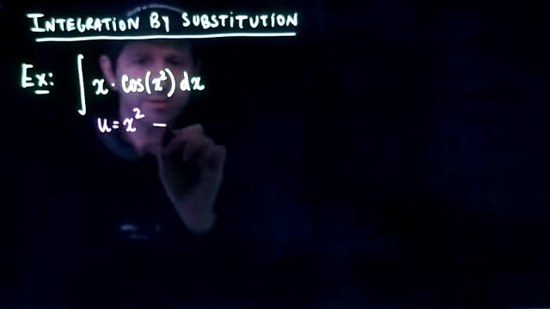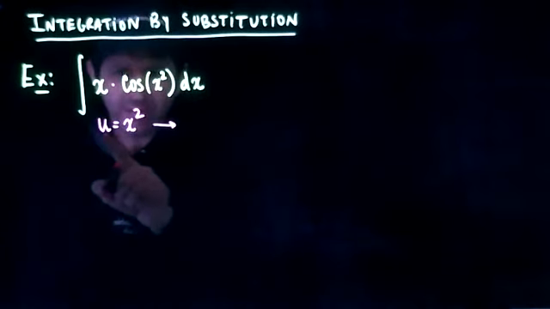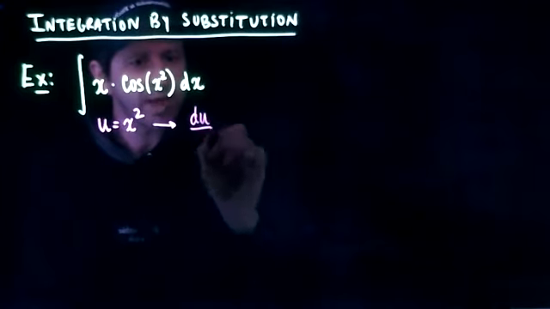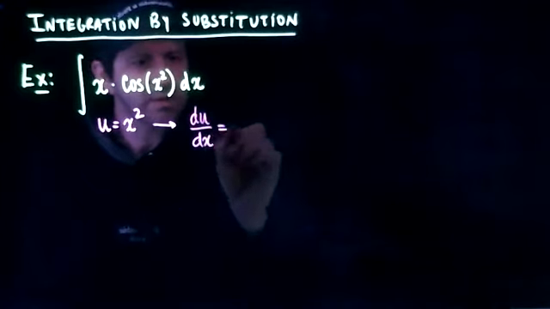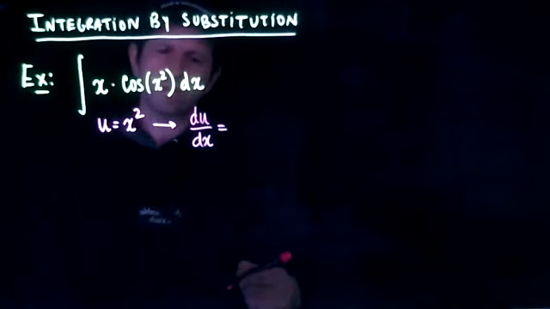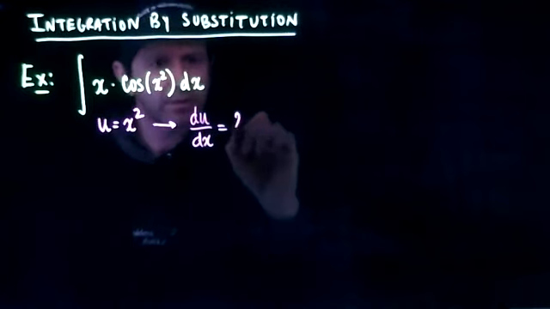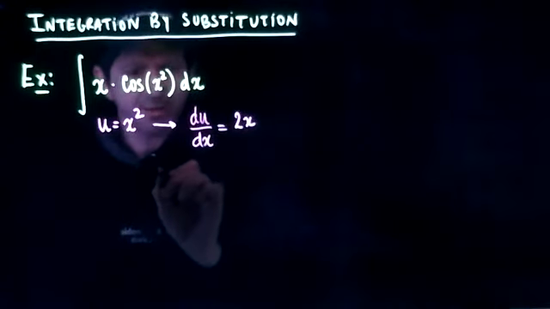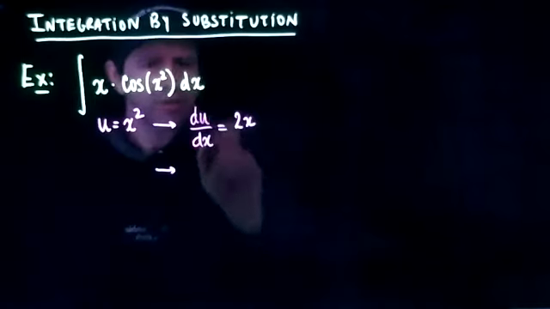And so this means if I do the derivative of u with respect to x, du/dx is equal to what? What's du over dx? 2x. Very good. And if I continue a bit further, I isolate du.